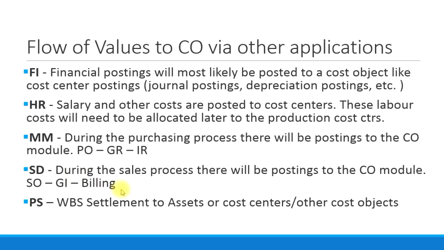Then the billing, where we are going to send the invoices. Sometimes both of these will happen at the same time, but sometimes you might send different batches of goods issue and then send a final bill as well. First time you can also send the bill first, that's the invoice first to your customers, and then later send the goods to the customer. So this is the sales order process: sales order, goods issue, and billing.